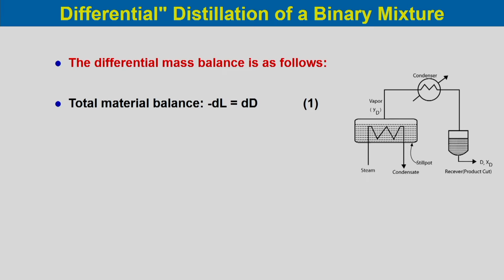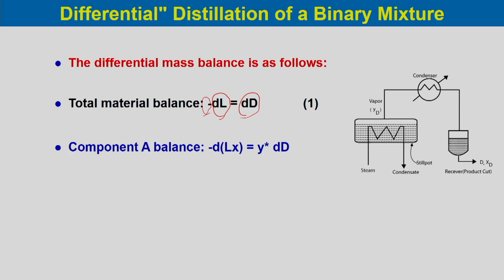Minus dL would be dD. So, that means the liquid is vaporized in a differential, small amount, and it is going to the distillate. If dL amount is distilled, you will get dD amount, and they should be equal because there is no reflux. The negative sign is because the liquid is decreasing gradually.